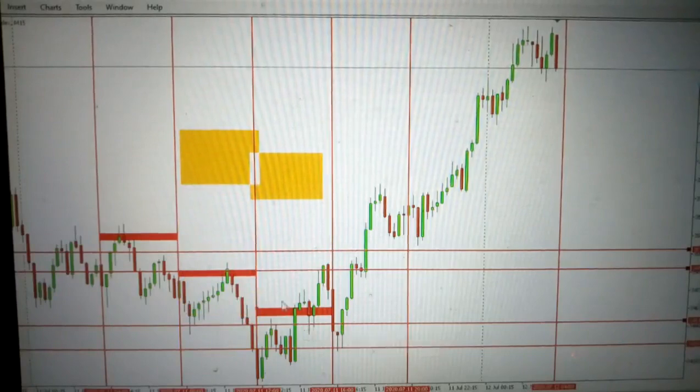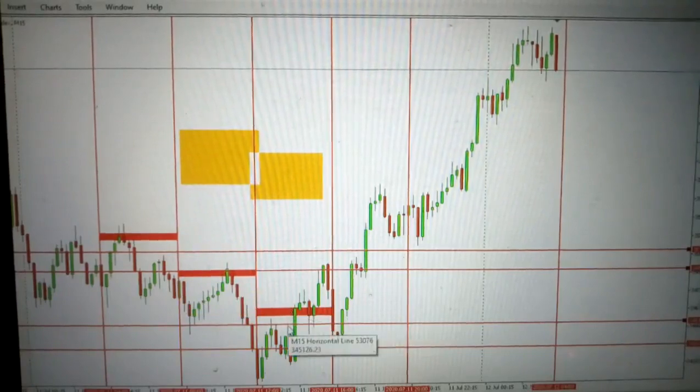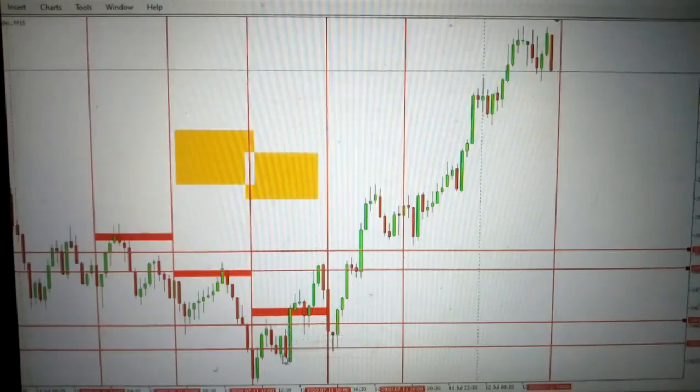Okay, so this is my resistance point mapped out. So I'll also continue the process to achieve 1, 2, 3. We have 3 resistances. Now we are going to continue up to the place where price is currently located.